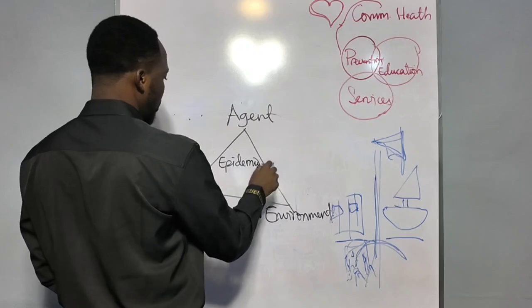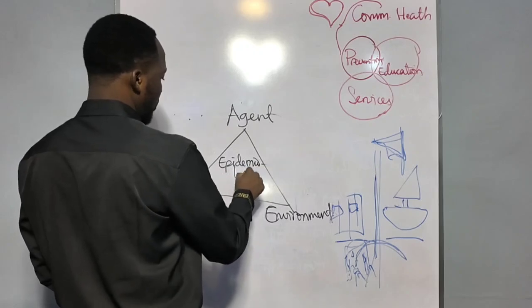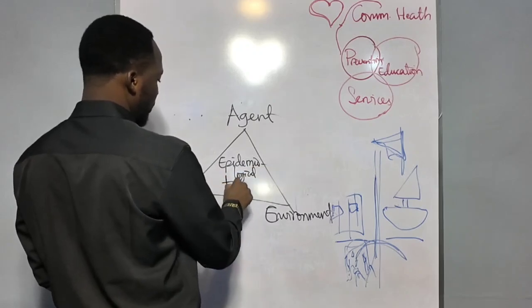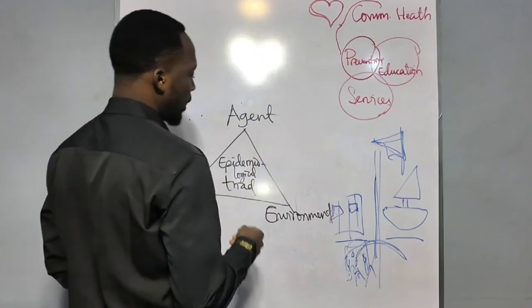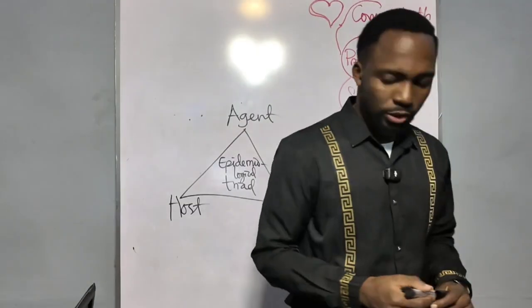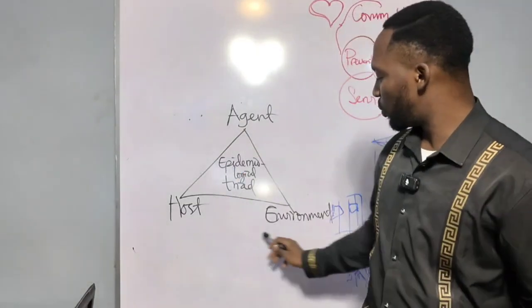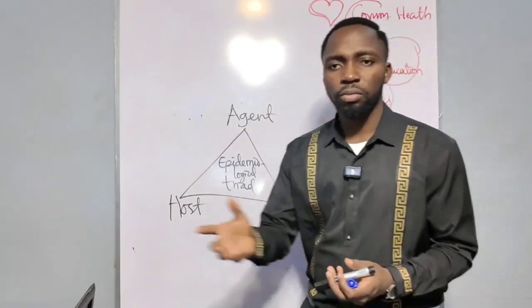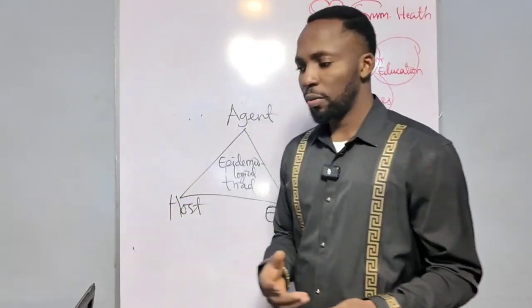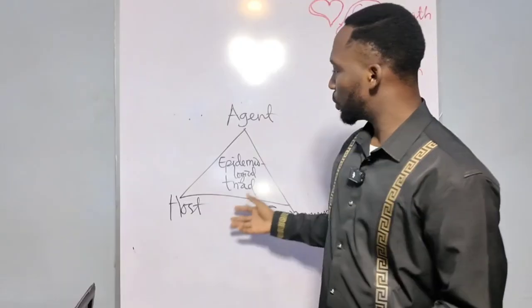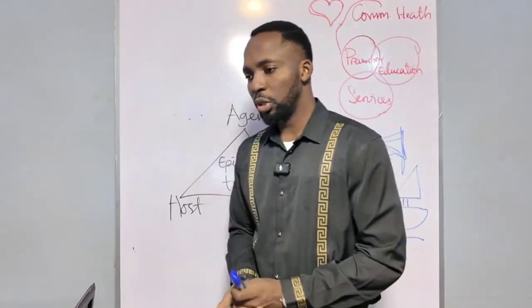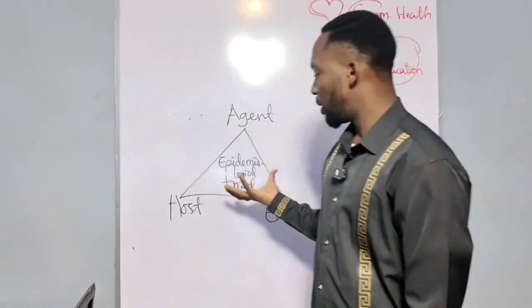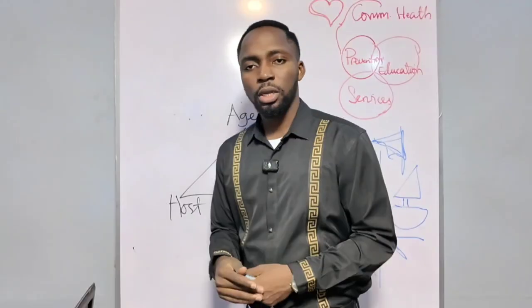And this is what we consider in the determinants. Look at the host, look at the agent, look at the environment, which serves as the medium through which, of course, the agent eventually gets into the host, causing disease. So this is important. We'll talk about this in a subsequent lecture.